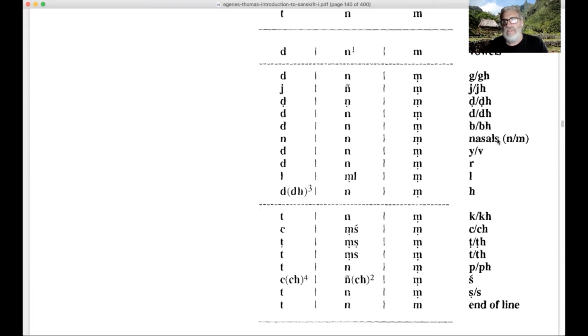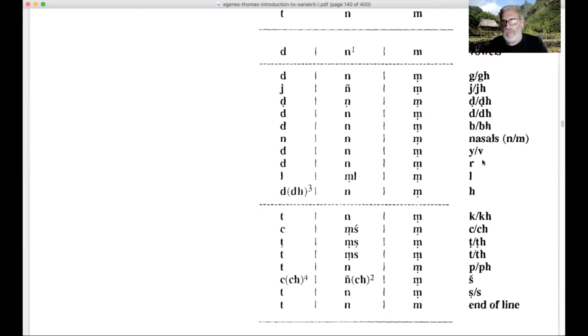Plus the nasals, the fifth in those series of five. Ya, va, ra, la, these are semivowels, and the aspirate ha. Okay, so these are all our soft letters. They're also called ghosha in Sanskrit, understood to have more vibration in the vocal cords. It's what we call voiced. There's more voice.